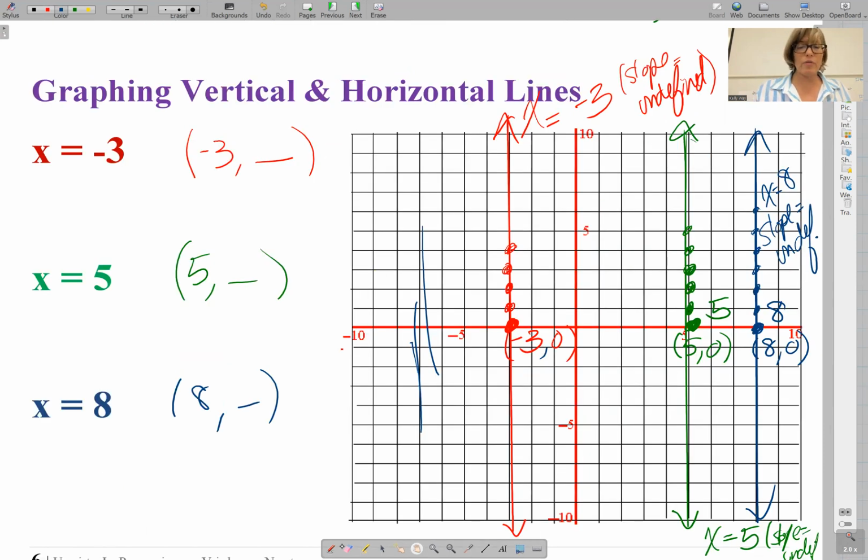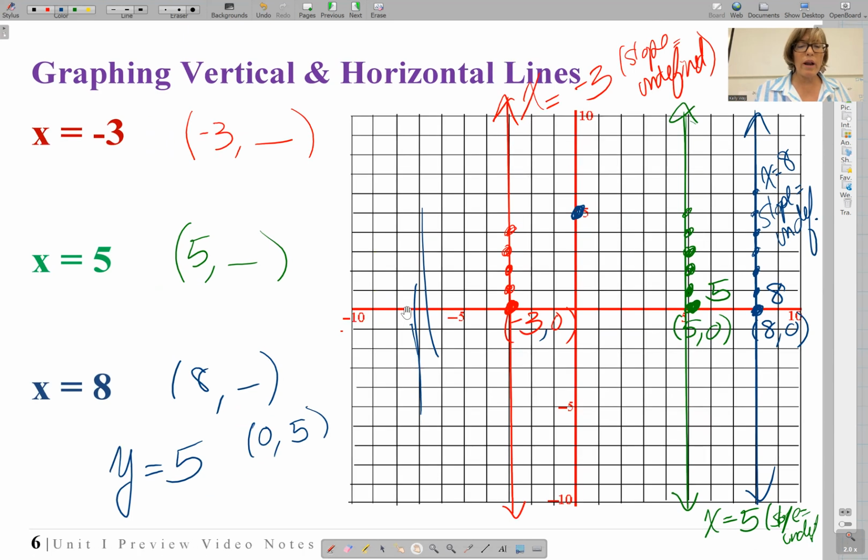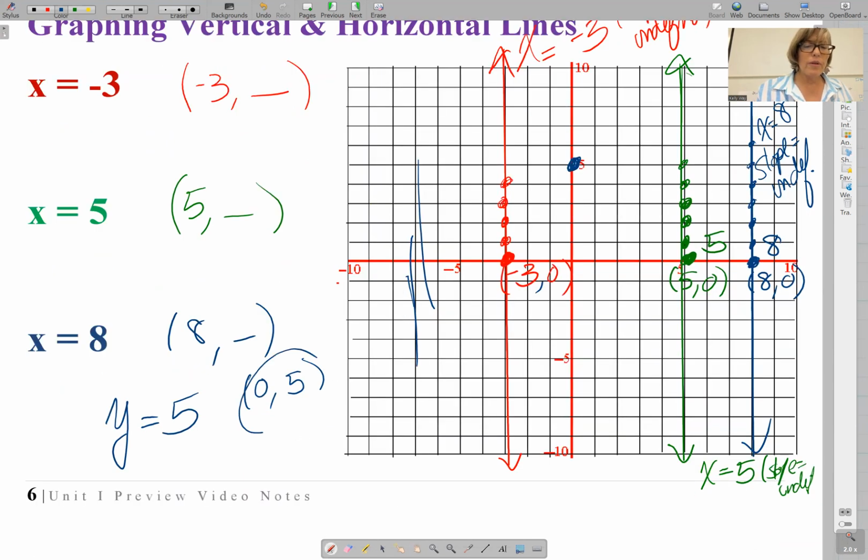And then you could guess if we were to do this, let's say y equals 5, that would look like this, (0, 5). That would be incorrect because that's only a point. So all the points where y is 5 would look like this. It'd be a horizontal line. (0, 5), (1, 5), (2, 5), (3, 5).